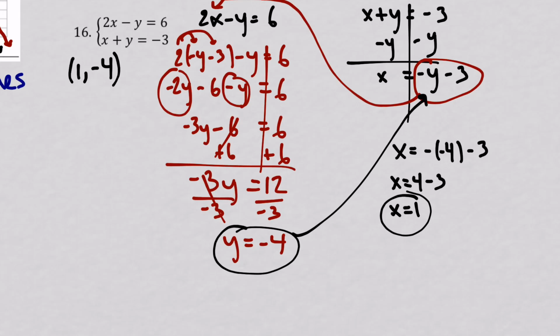Okay, and once again, I'm going to go ahead and check my answer here. To check my answer, what I'm going to do is substitute in x and y into both equations, and both have to be true. I'm going to go ahead and erase my work right here so you guys can see the check. Here we go.